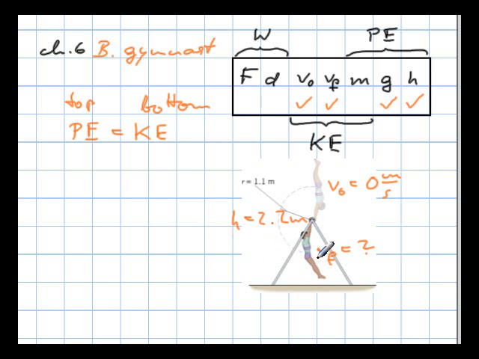However, you will see this in the book, and I point this out here, at least I hope you will see it in the book, at least I point it out here, is that for potential energy you can choose the 0 level to your convenience, which means that you can choose it here at the floor. This is where potential energy is 0, or you can choose it here at the waistline where he is at the bottom.